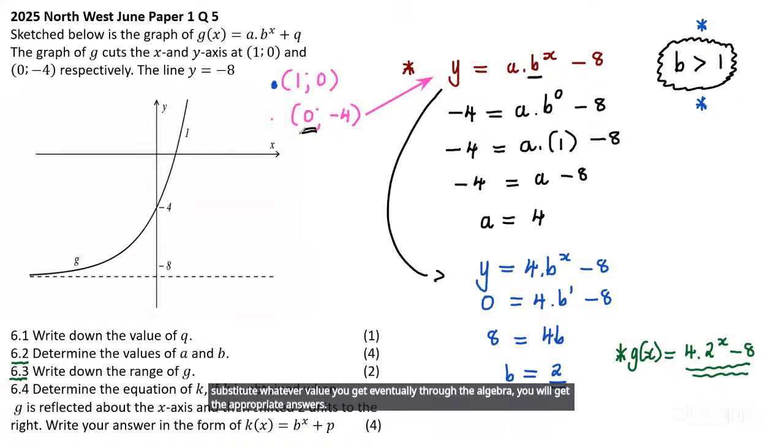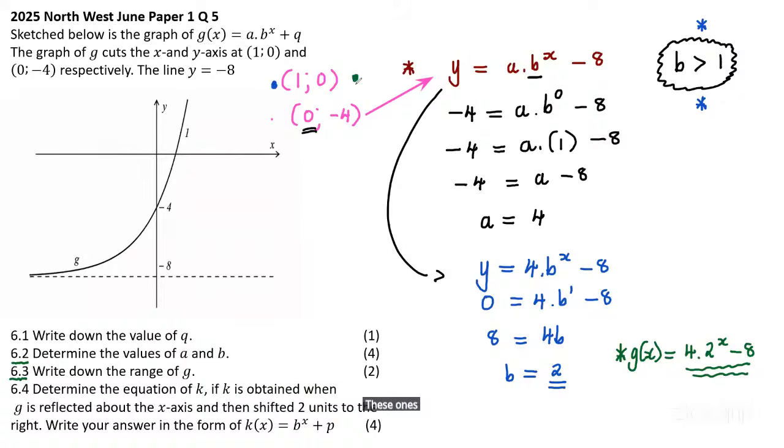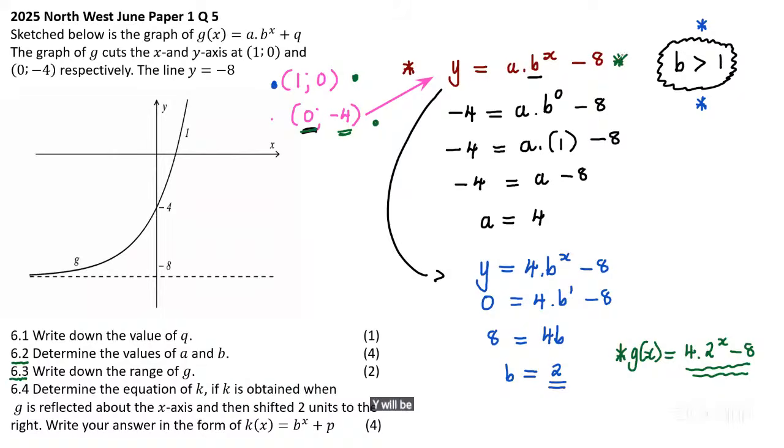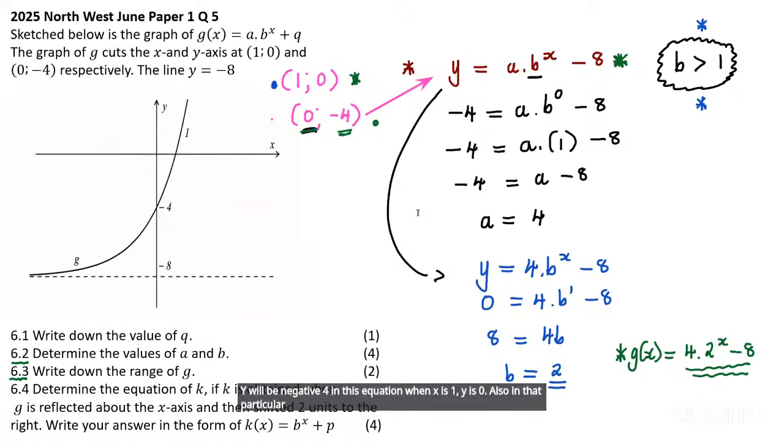The point to remember is that coordinates, these ones in particular, (1, 0) and (0, -4), are existing on this graph, so they can be substituted. When x is 0, y will be -4 in this equation. When x is 1, y is 0 also in that particular equation.